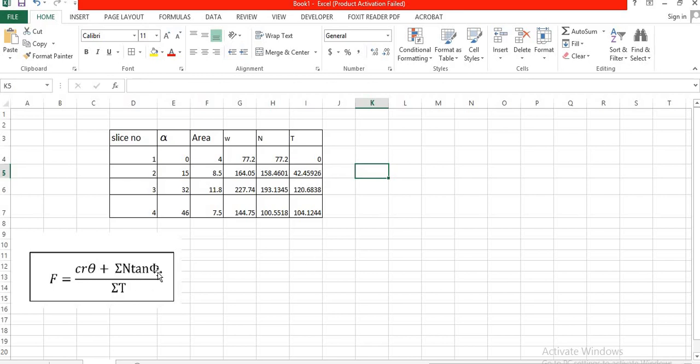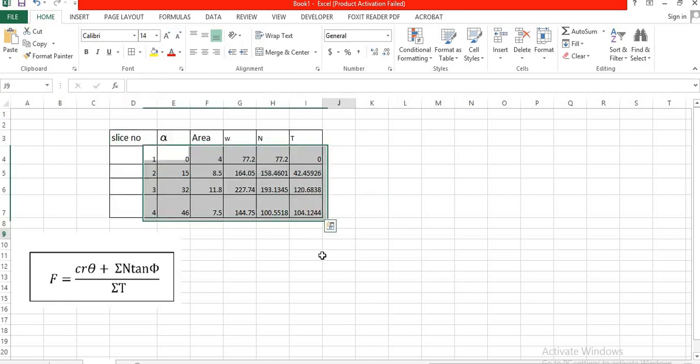In order to calculate this, we need N tan phi also. Sigma T we can calculate by adding all these cells. So one thing we need is sigma N tan phi, or we can just take sigma N. Actually this table is enough to calculate our factor of safety, because all the others we can calculate manually.